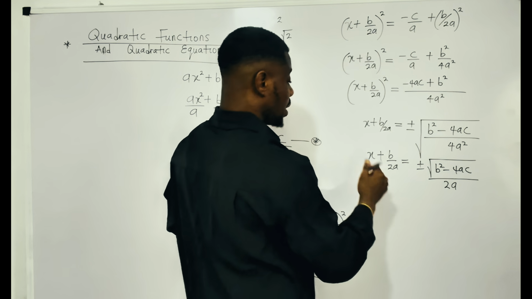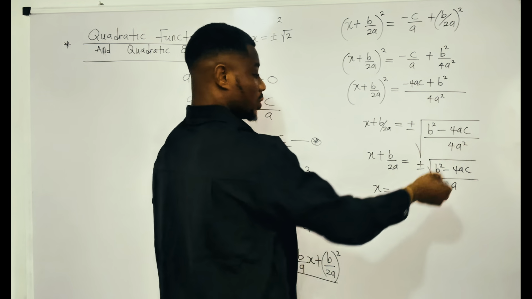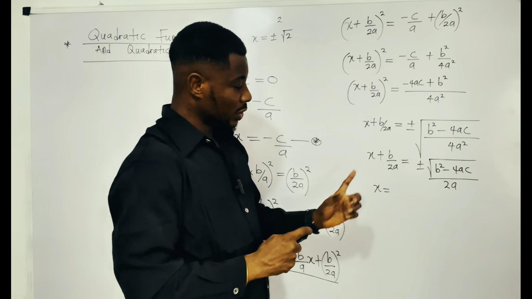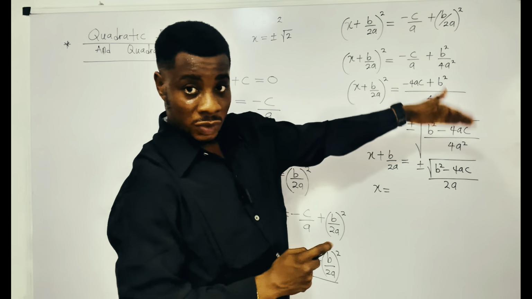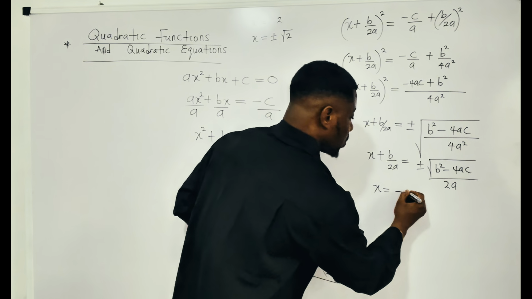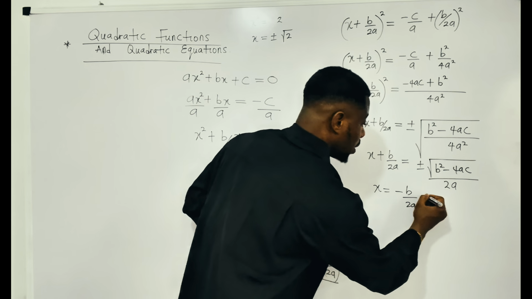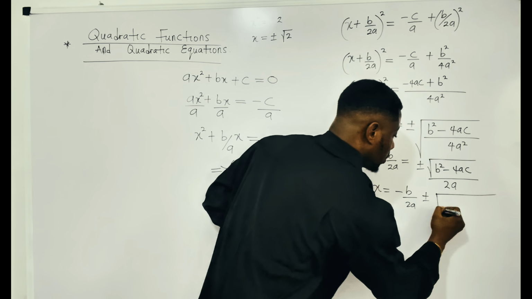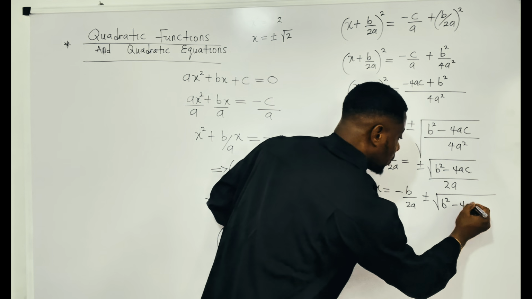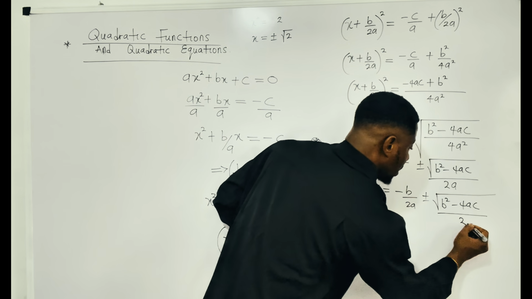So now make x the subject. I'll be having that x is equal to, I want to make x the subject, so I'm moving b over 2a to the other side. So it becomes minus b over 2a plus or minus the square root of b squared minus 4ac divided by 2a.